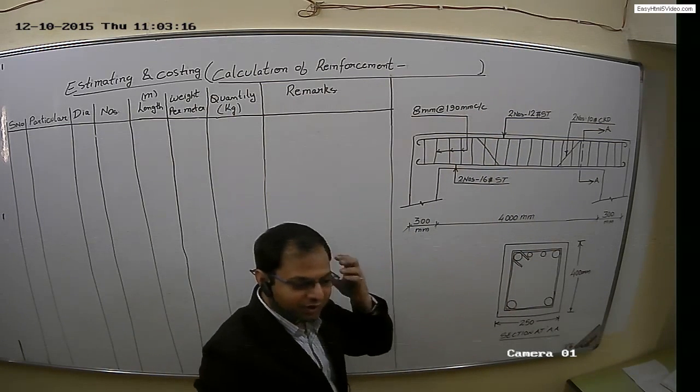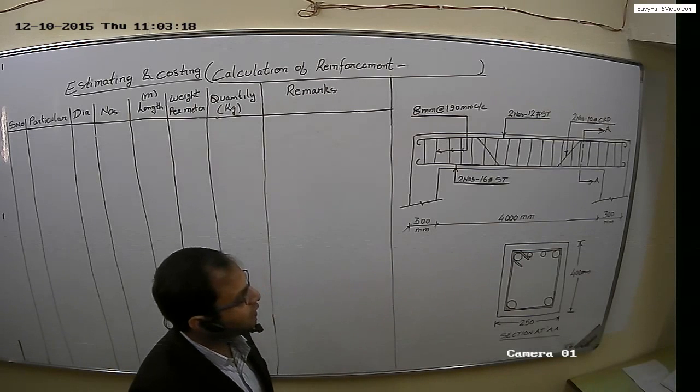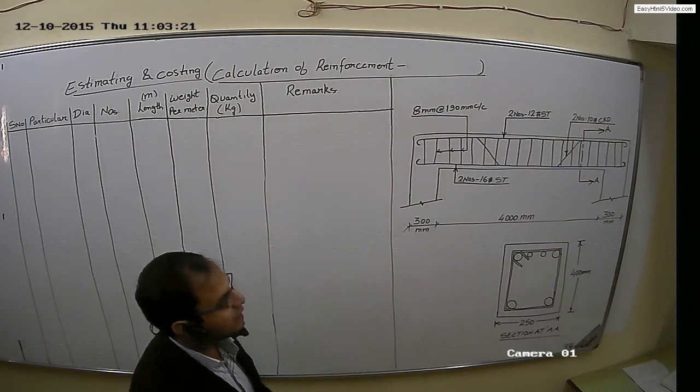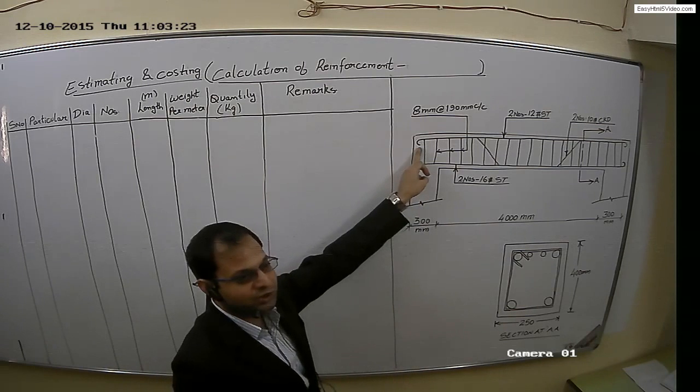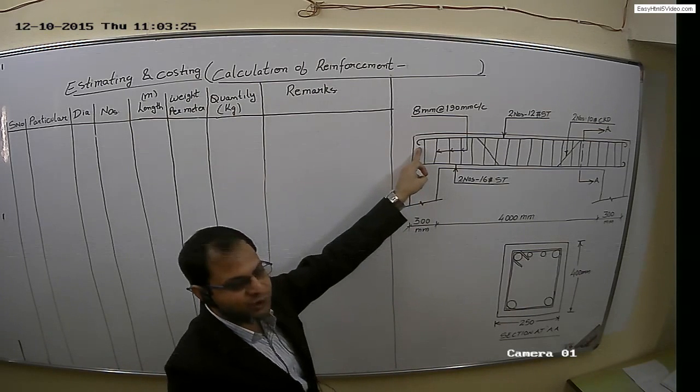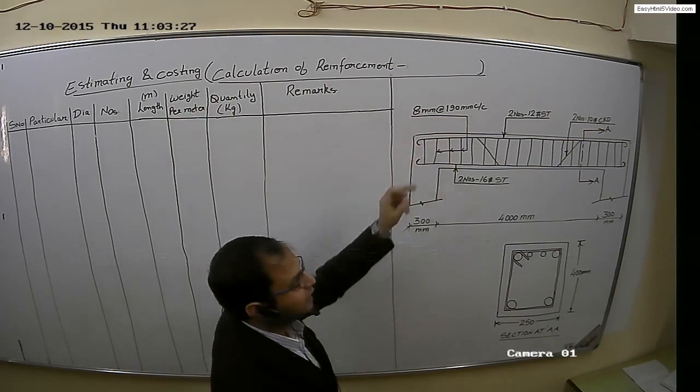We are taking out the quantity of reinforcement for mild steel. That's why I have given these hooks. The value of this hook for mild steel is 9.5 d.